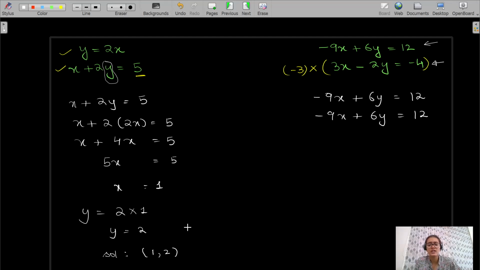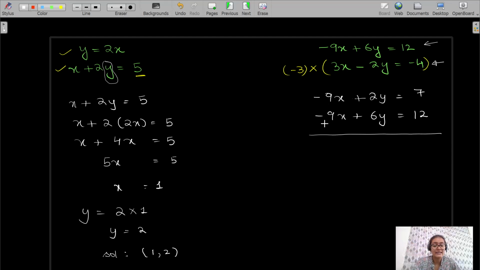But let's just assume that instead of this 6 and 12, we have plus 2y equals 7. And now you can easily eliminate the x variable. All you have to do is subtract the two equations.